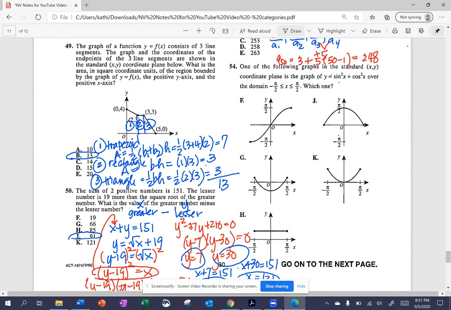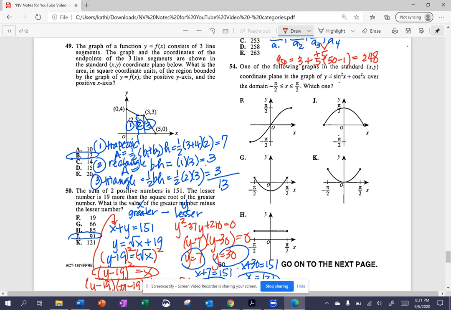Okay, 54. One of the following graphs on the standard xy coordinate plane is the graph of y equals sine squared x plus cosine squared x over the domain of minus pi over 2 to pi over 2. Which one? So when I put this in my calculator, I want to be in radians.